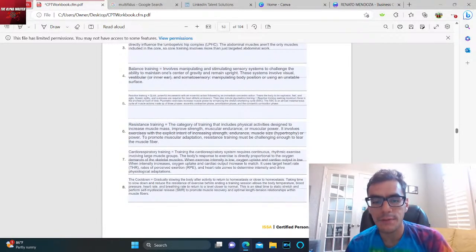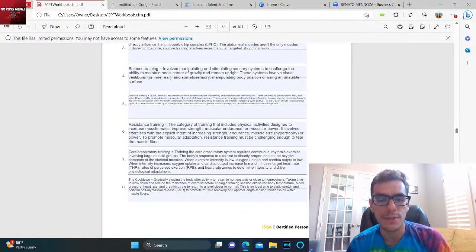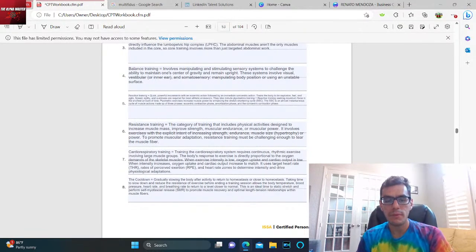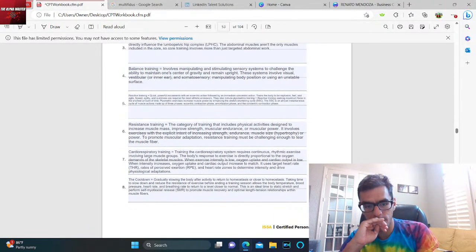It uses the target heart rate, the rate of perceived exertion, RPE, and the heart rate zones to determine intensity and drive physiological adaptations. We're gonna go more over it in chapter 10.